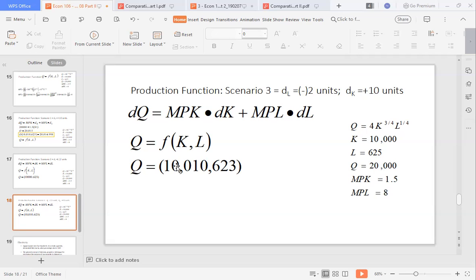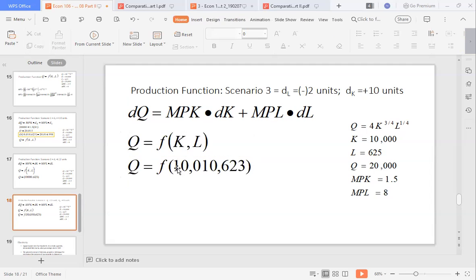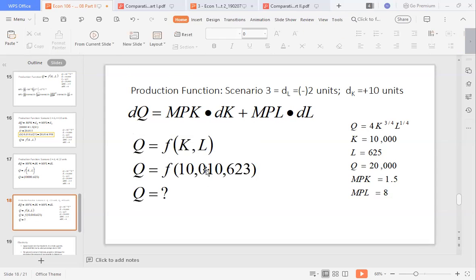This one is, let me write this one. So 10,010, this is K. And 623 is L. So the question here is, what is the exact Q when you allow change in L, change in K and L? Okay po ma'am, thank you po.